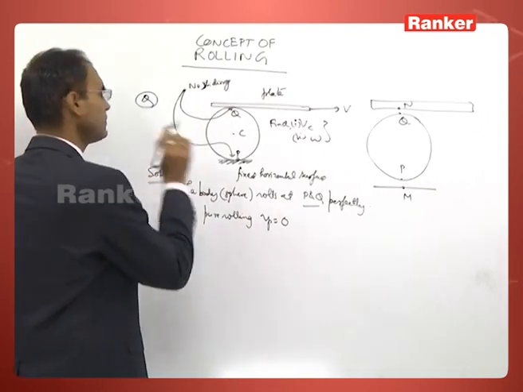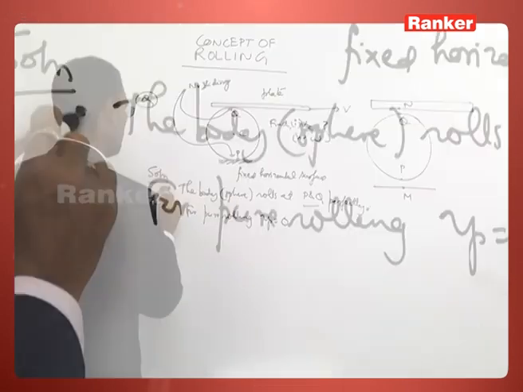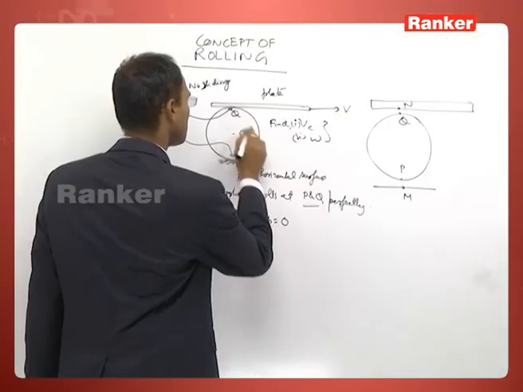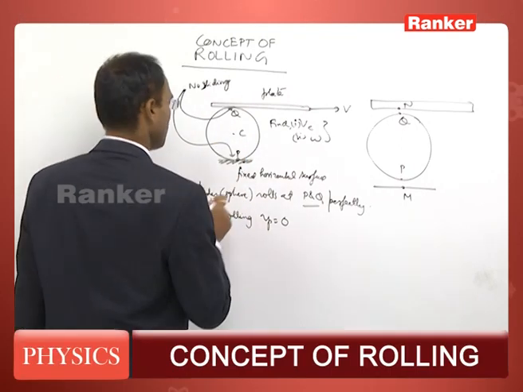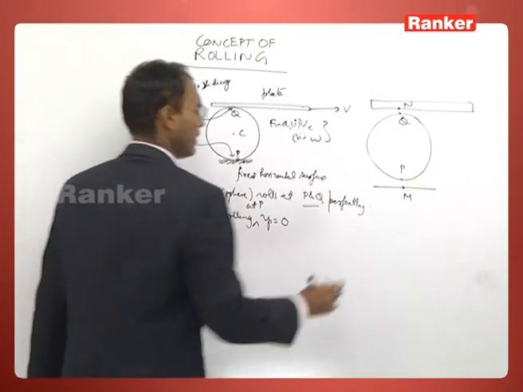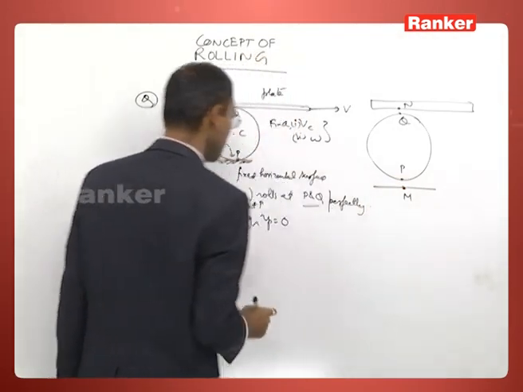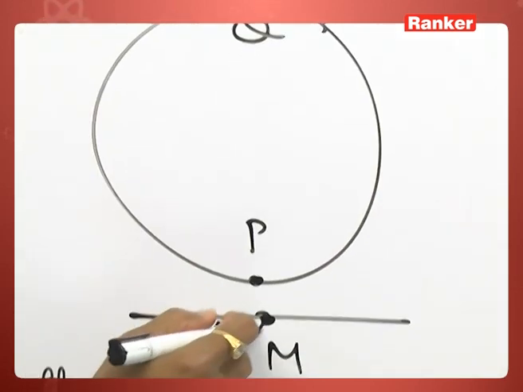Now for solution, for pure rolling, if the body rolls at P and Q perfectly, for pure rolling at P, these 2 points velocities are equal. Vp is equal to Vm, but this surface is fixed.